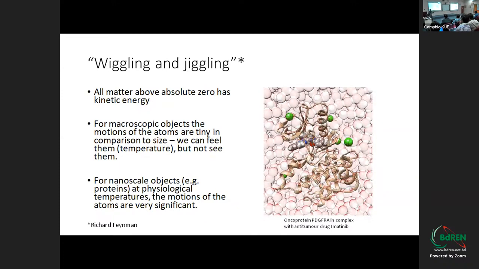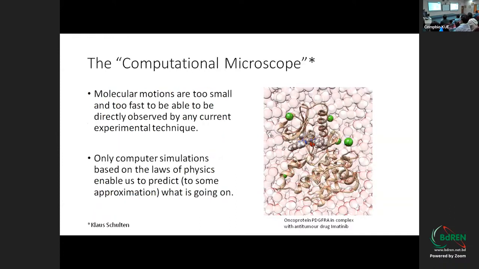And the way you calculate that is the field called molecular dynamics. There are other ways you can calculate, but the most popular and most efficient one up to now is molecular dynamics. So if you want to replicate the thermodynamical effect of small molecules, how they're fluctuating inside our cell, we have to do some kind of molecular dynamics.